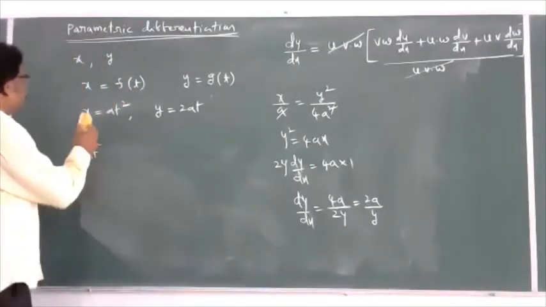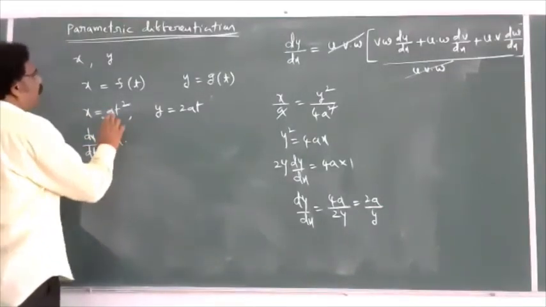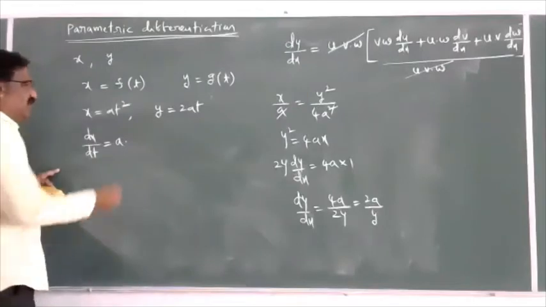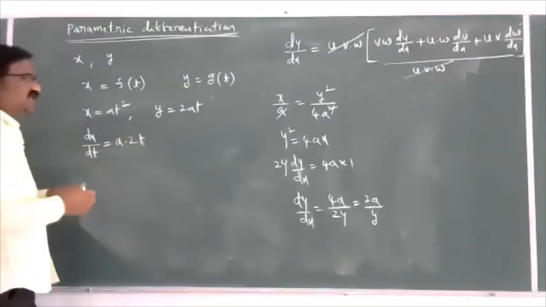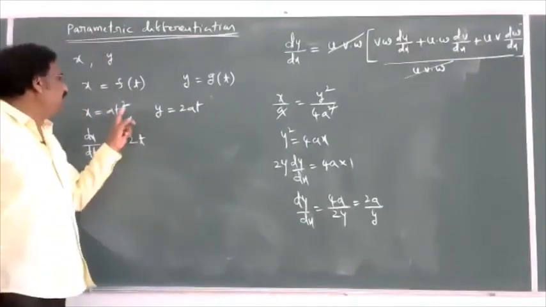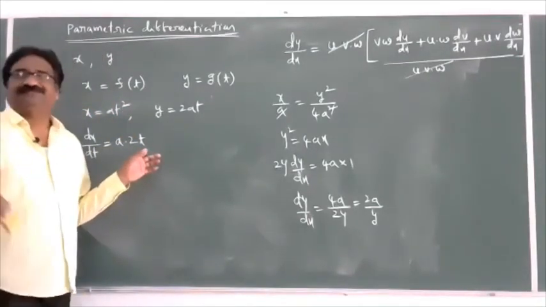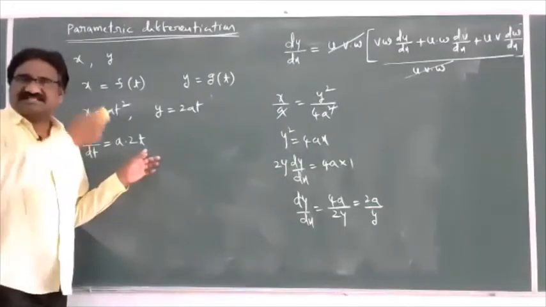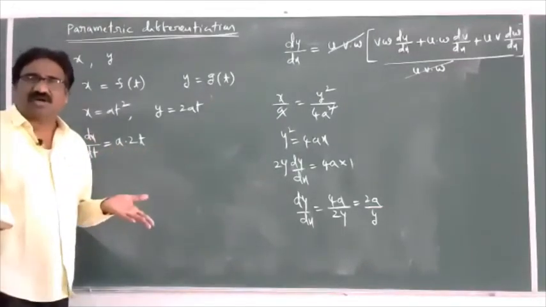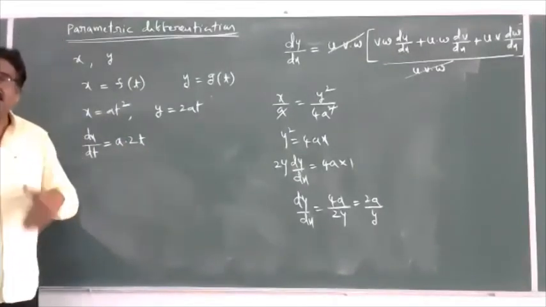So, here dx by dt is equal to, a is the constant. What is the derivative of t square? That is 2t. What is the derivative of x square? 2x. Like that. What is the derivative of t square? 2t. Here, we are doing with respect to t. Up to this exercise, all problems were done with respect to x. Here, we are going to discuss with respect to t.